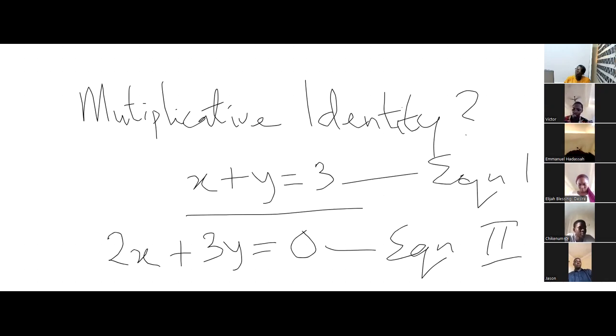No, you are close to it. Let me see your face. Say it again. It is a number that when you multiply with another number, it doesn't change. Better put. What is that number?